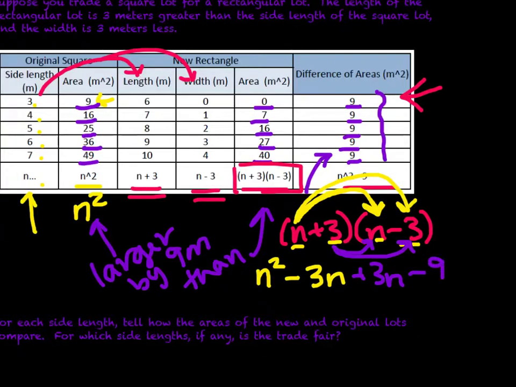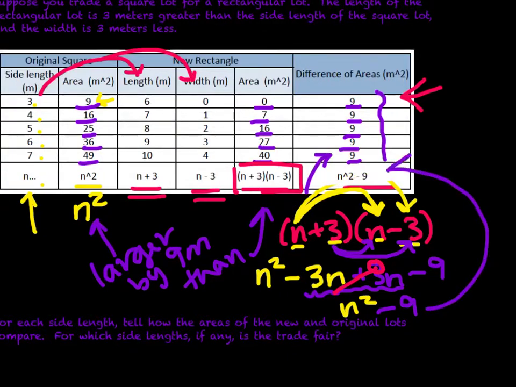From there, we can combine like terms. We have a negative 3n and a positive 3n, so that becomes 0, so our final result is n squared minus 9. Or if we look at our original equation up here, we get the exact same information. So we can see where that difference of 9 comes from.